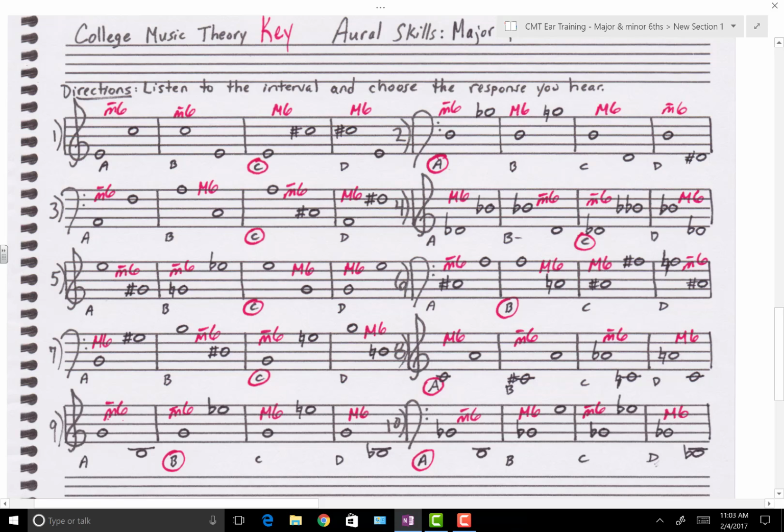Here's 8A and 8B played back to back, major 6th and minor 6th. If you chose B, that would be the next best response, but C and D were descending, minor 6th and major 6th respectively. Let's listen to 8C.